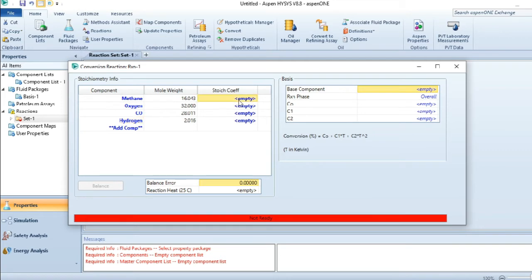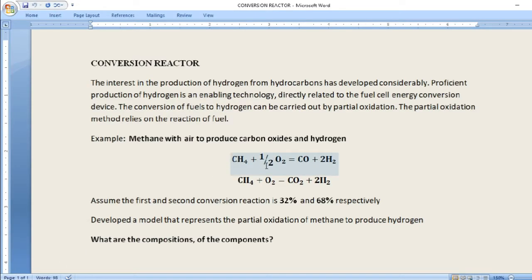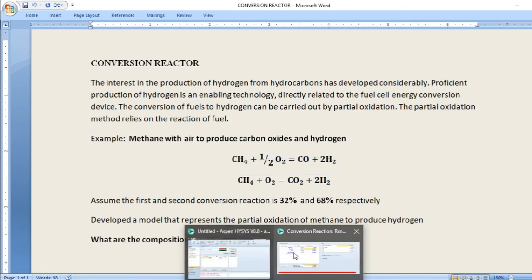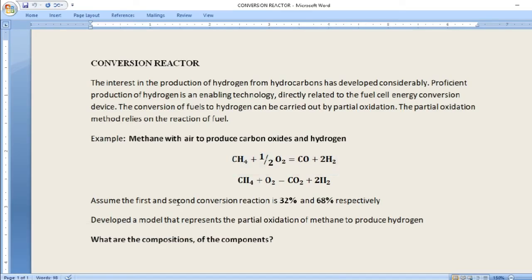Methane, since this is a reactant, goes with -1. Let's check the equation. The coefficient for oxygen is half, so that is -0.5. Then I have 1 for CO. For hydrogen gas, let me check the coefficient: I have 2.